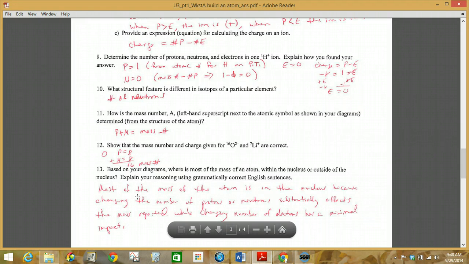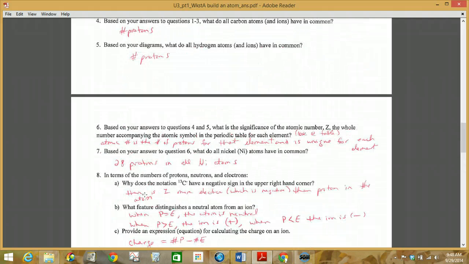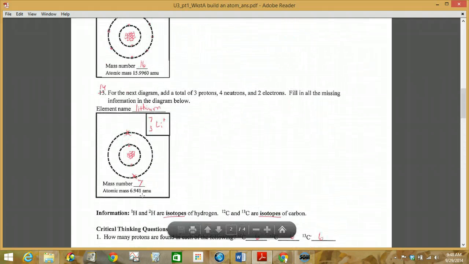Most of the mass of the atom is in the nucleus, and how I know that is, well, notice this atomic mass in comparison to the mass number. Now, these are not exactly the same. We're going to get into where these atomic masses come from, how they're calculated, but basically the majority of the mass of the atom is protons and neutrons. Those are both around 1 AMU apiece.